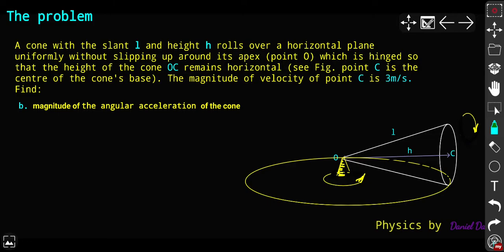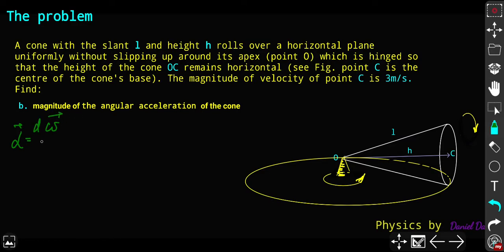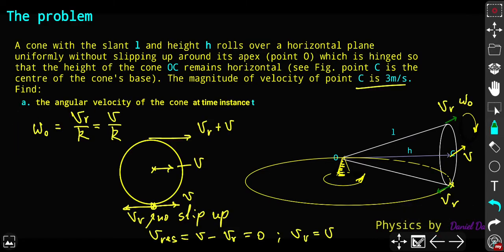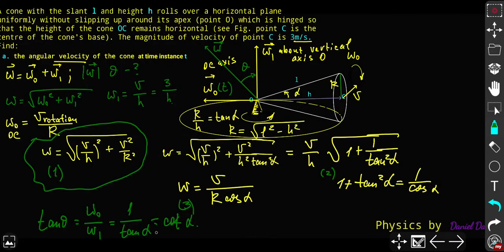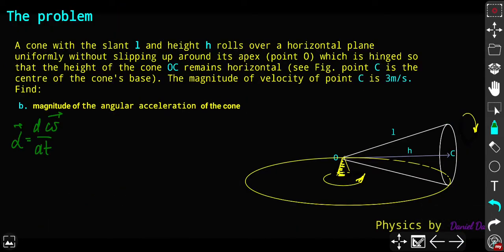So in this question, we need to define the magnitude of the angular acceleration of the cone. As you remember, angular acceleration alpha is simply d omega dt, where omega is the resultant vector that we defined on the previous stage. Because it's a superposition, we can differentiate omega 0 and omega 1 over time.